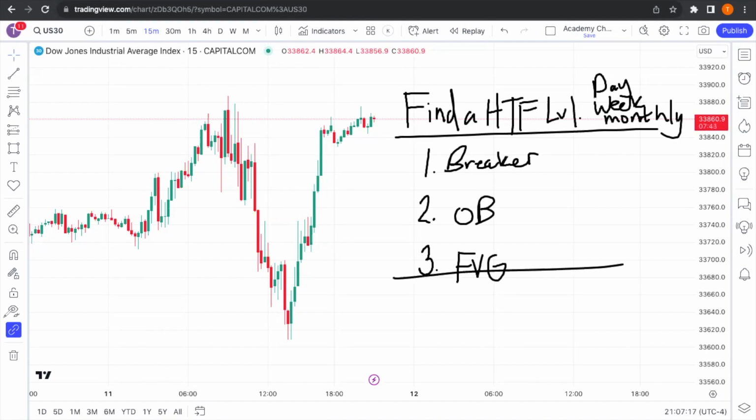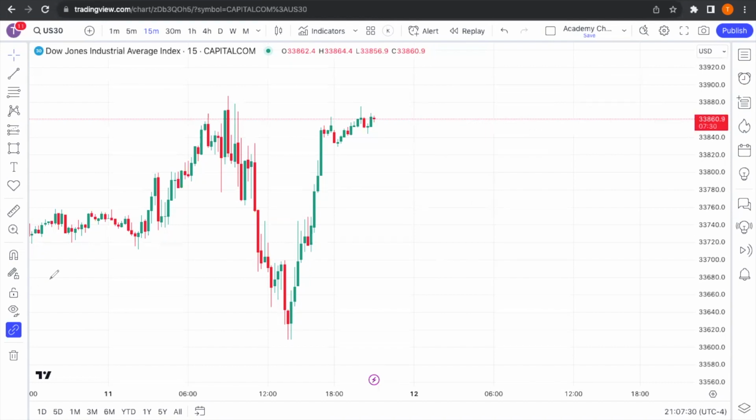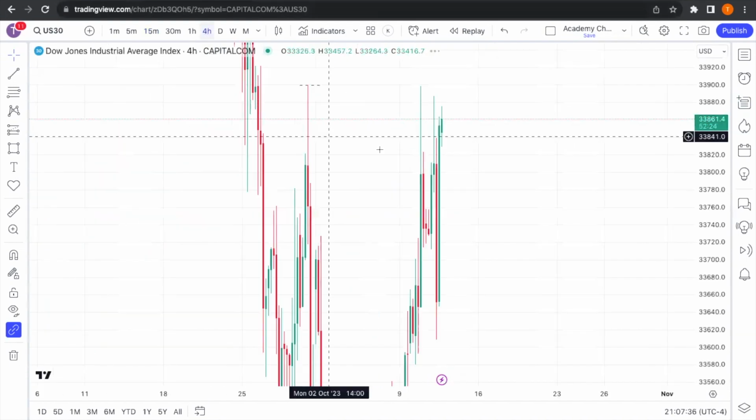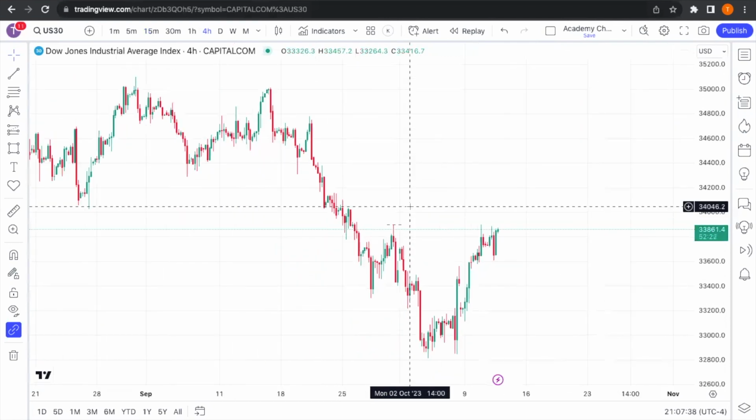So they kind of all work together. Also, the breaker only strengthens this. Plus, being at a daily, weekly, or monthly level is going to help.